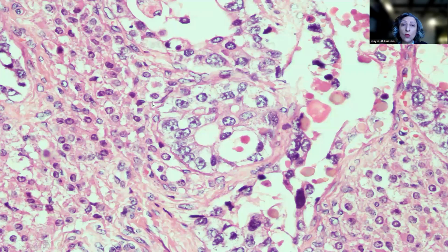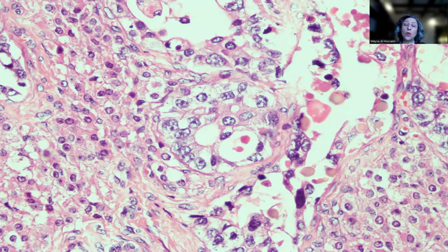And here again, those large glands lined by large cells with abundant clear cytoplasm. And look at the prominent nucleoli and then the globules. And in the background here and here, we have those stromal cells.